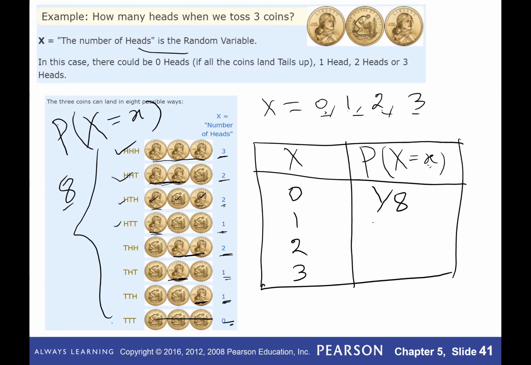And for 2, it's also the same, 3 over 8, because we have 3 of them: 1, 2, 3, and the total is 8. So this is 3 over 8, and this is 1 over 8. This is called the probability distribution of x. We have all the possible values of x and their corresponding probabilities.